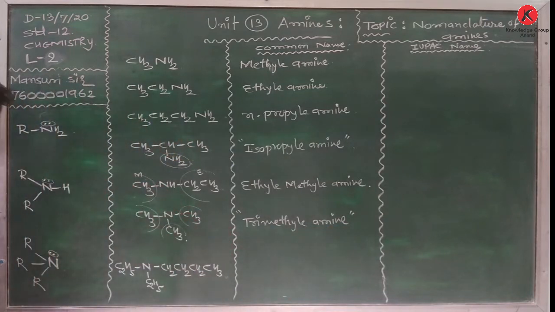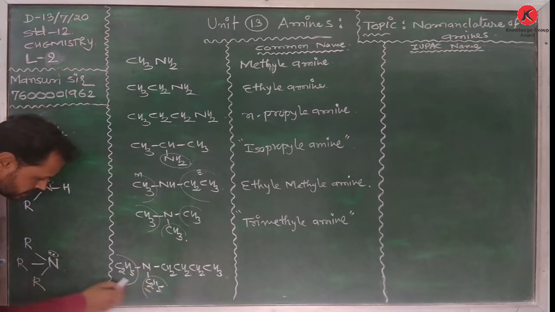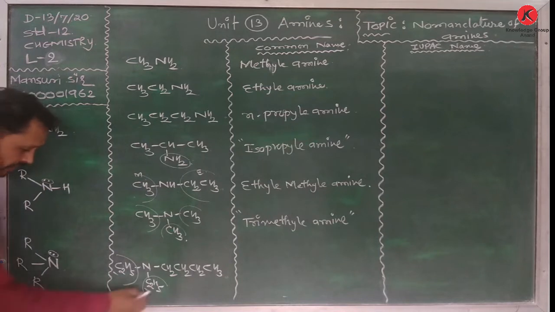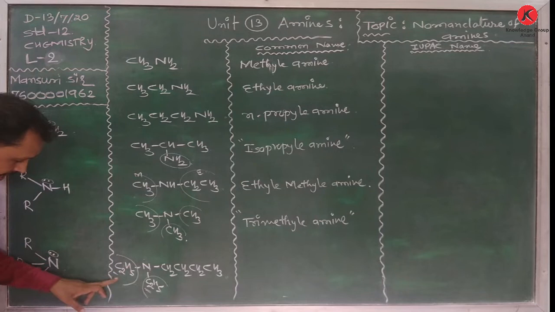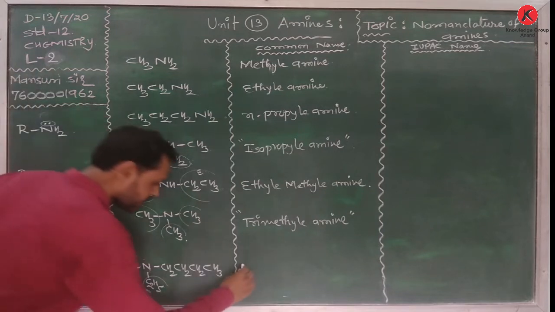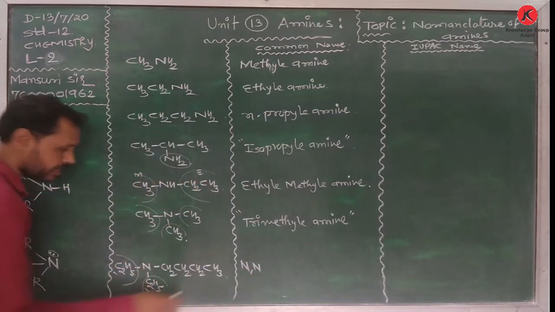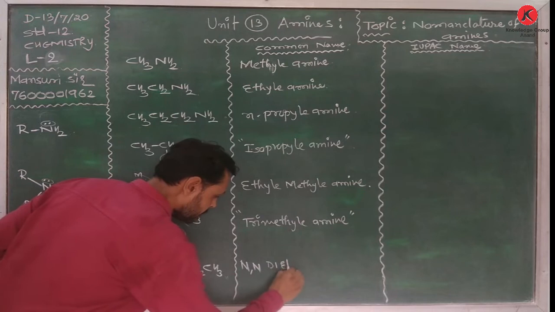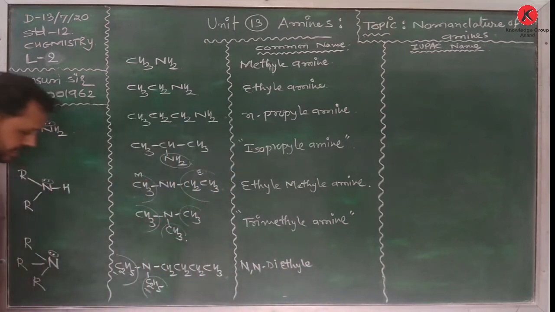Thereafter we can say that here is an ethyl group, because it contains 2 carbons, which is attached with nitrogen. Both ethyl groups are attached on nitrogen, so we can say N,N-diethyl.